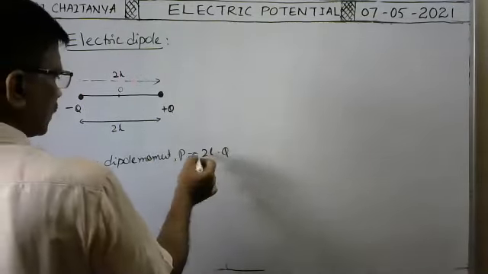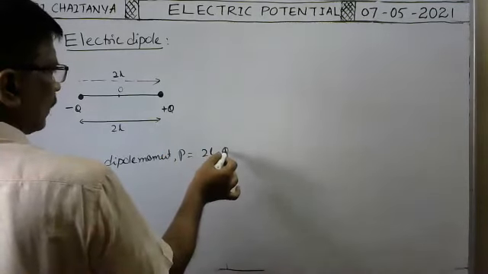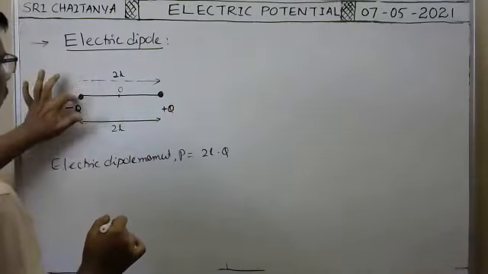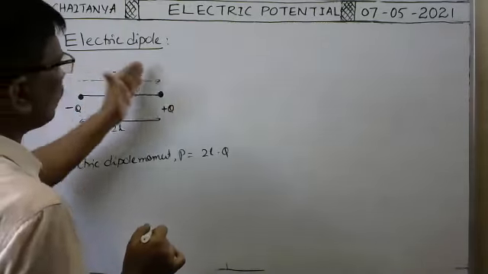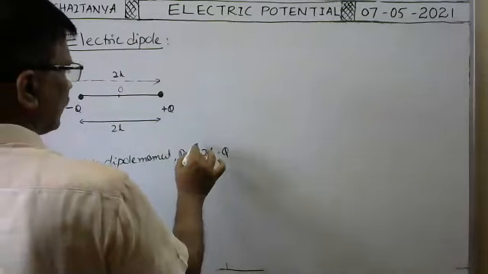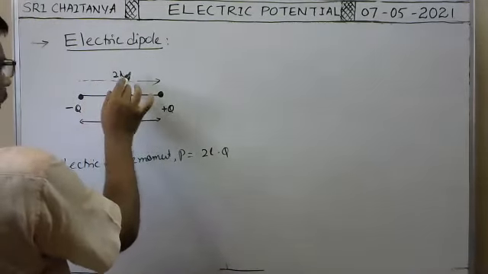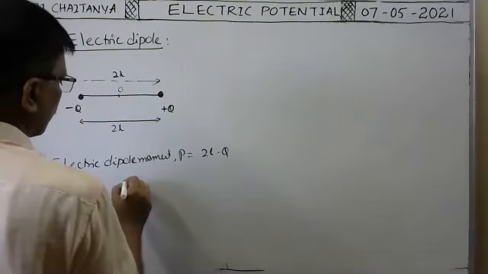So in this formula, q is a scalar quantity. The length of the dipole is a vector quantity, that means the position vector is 2L bar, in this direction. Along whichever direction the length of the dipole is there, along the same direction electric dipole moment is also there.